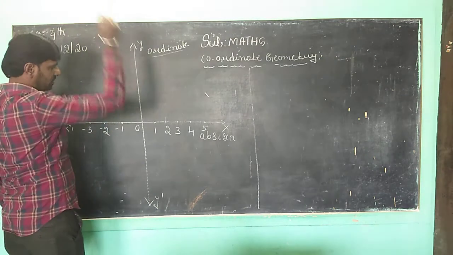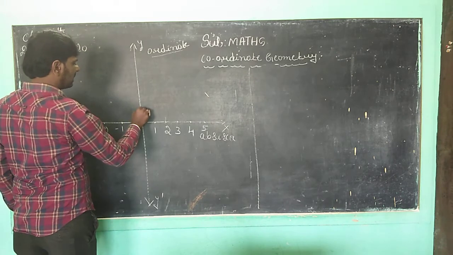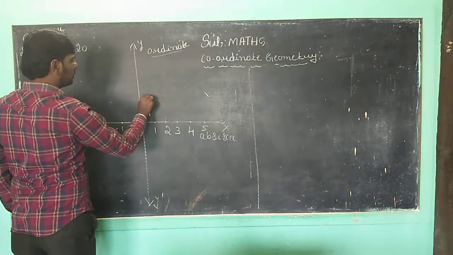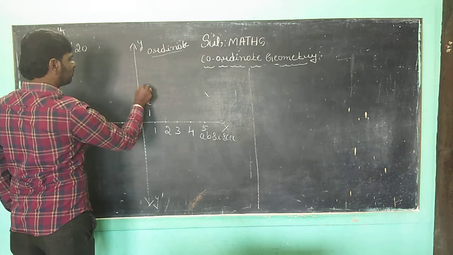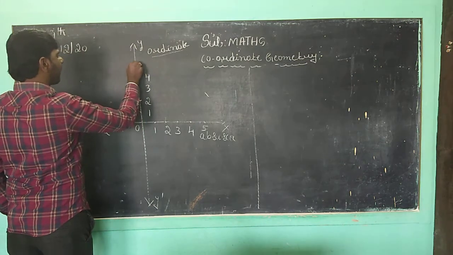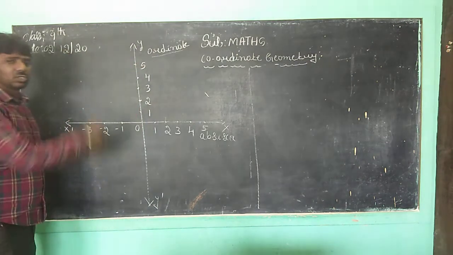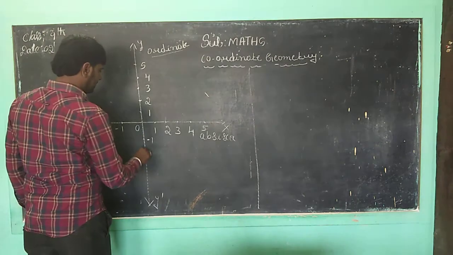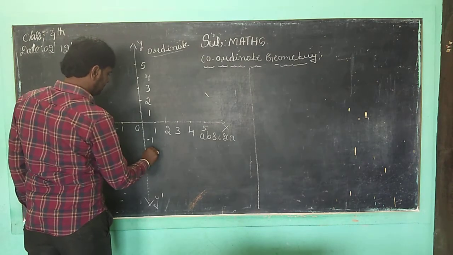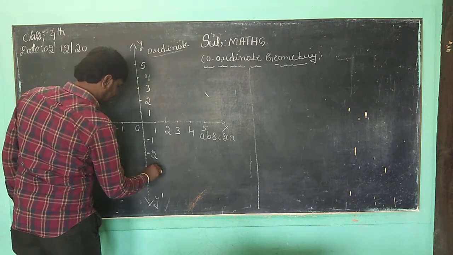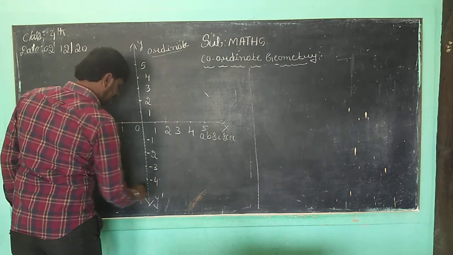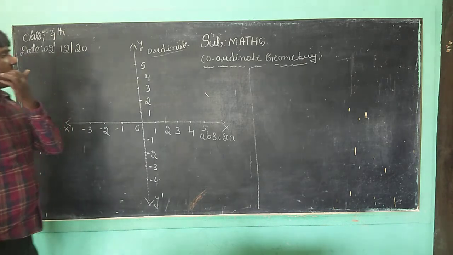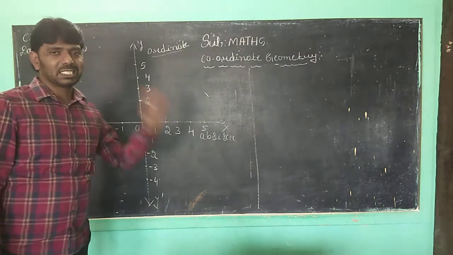From 0 upwards, we take 1, 2, 3, 4, and 5. From 0 downwards, we take -1, -2, -3, and -4. Correct, children? This is our x-axis and this is the y-axis.